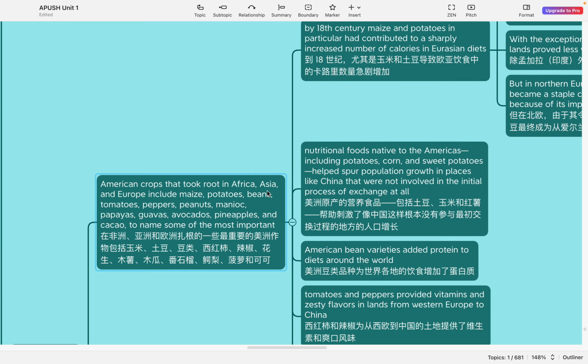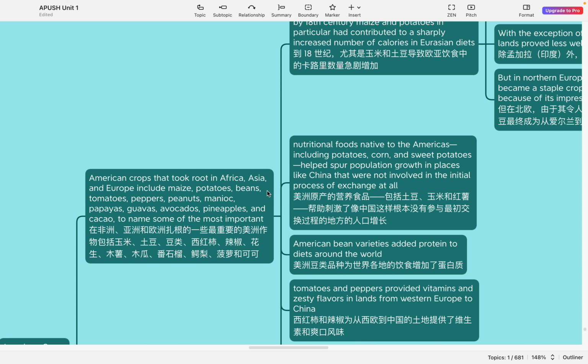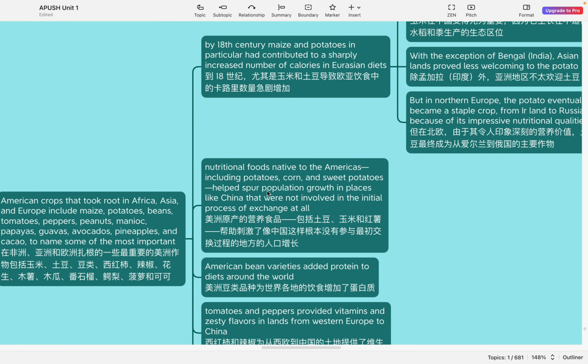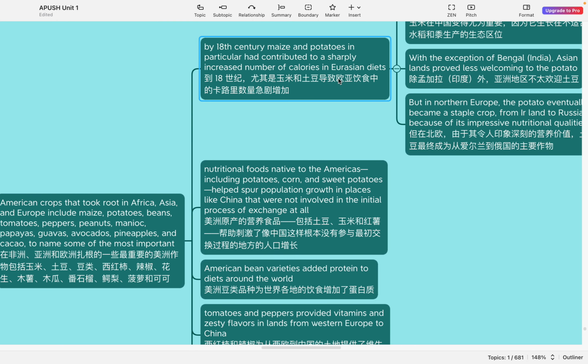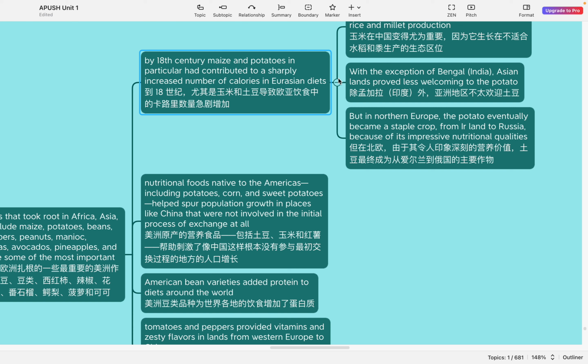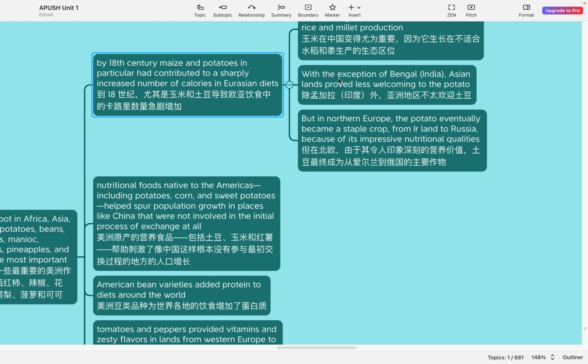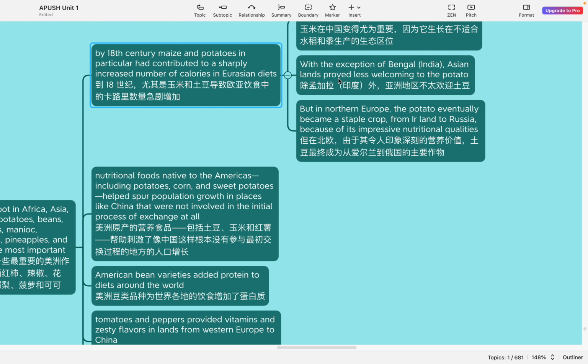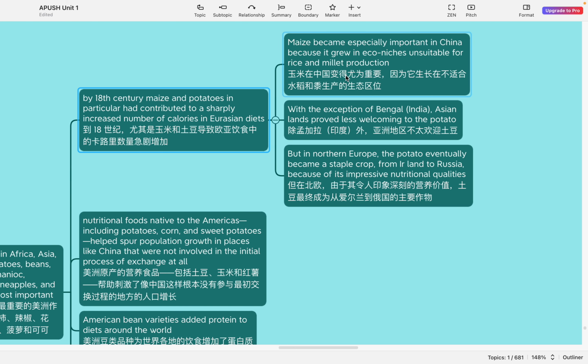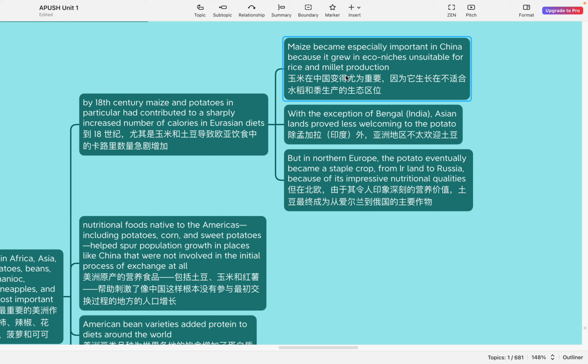Many crops were also transmitted from the Americas to the Eastern Hemisphere. Corn and potatoes were like the original superfoods, significantly increasing calorie intake in the Eurasian continent. Corn became a superhero in agriculture, thriving in places unsuitable for rice and millet in China.